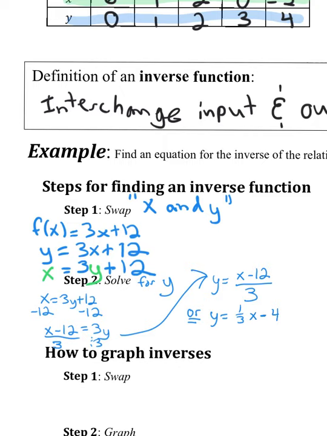The intermediate step would be 1/3 parentheses x minus 12. So if I did this, 1/3 times x minus 12, and then distributed that, I would end up with 1/3 x minus 4. That might make it a little more clear where I got that 4 from, because it'd be x divided by 3 and 12 divided by 3, which is 4. All right, so that's where these solving problems come from.